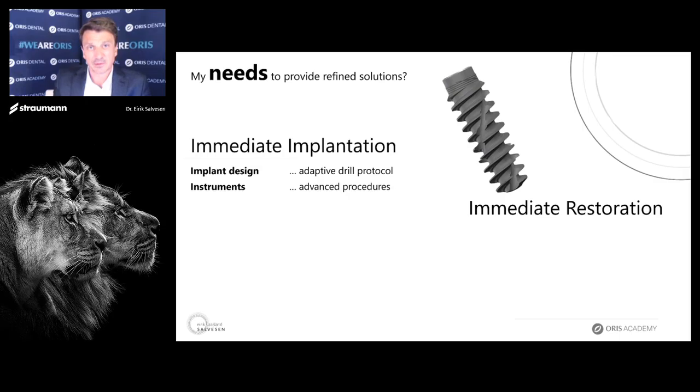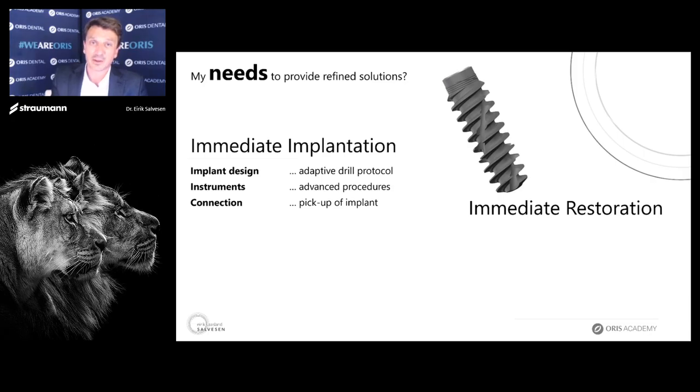On the surgical instruments, they need to allow me to do advanced procedures. That means that I need all these specific small details when I'm doing the surgical procedure. It seems like a natural thing, but if you've tried different implant systems, you know that there are differences in the instruments, in the design, and in the functionality of these systems.